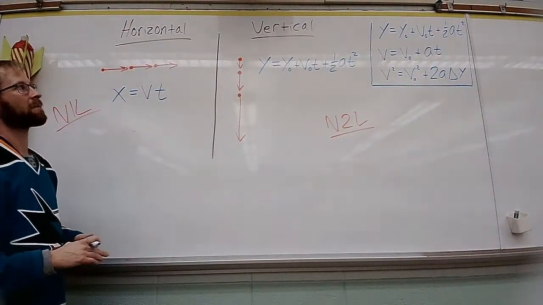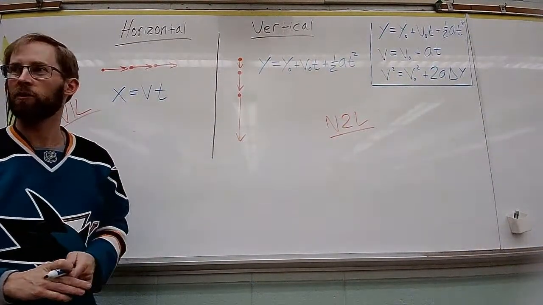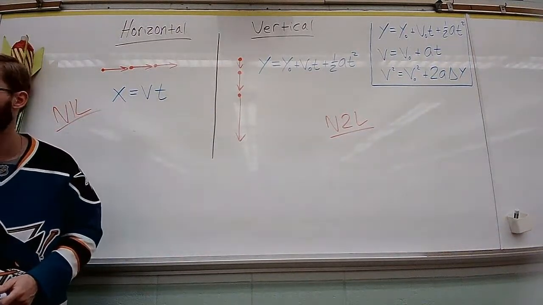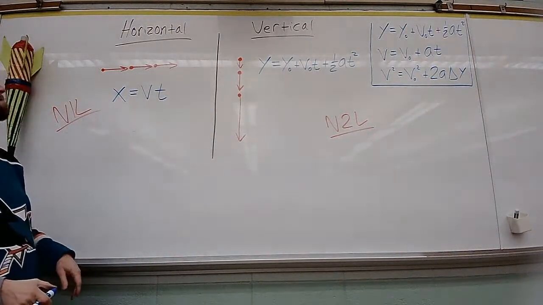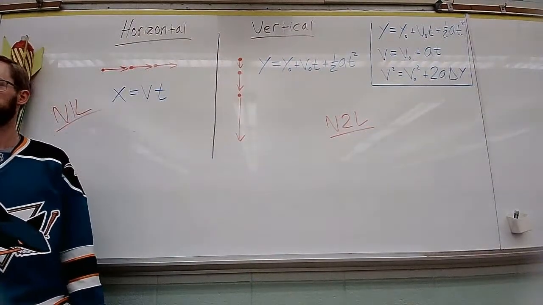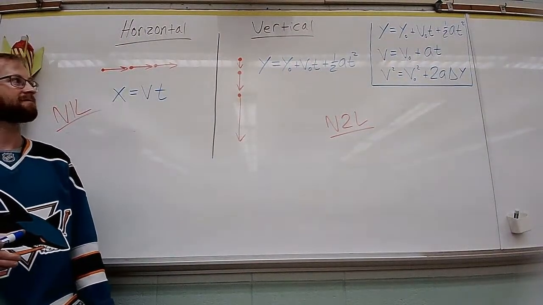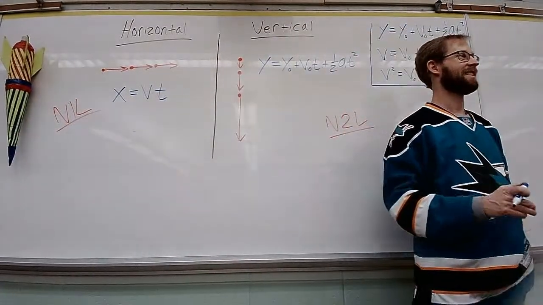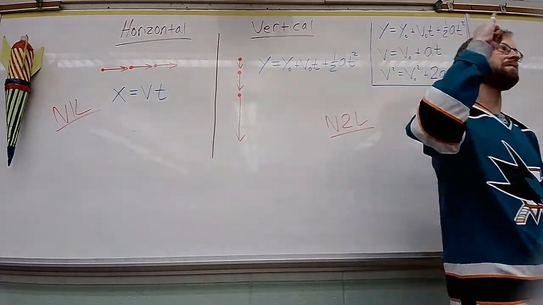Now, here's the thing. If we're talking about two-dimensional motion, there has to be some connection between these two equations here. Any thoughts on what might connect this equation with this one? Say it louder. Time, absolutely.